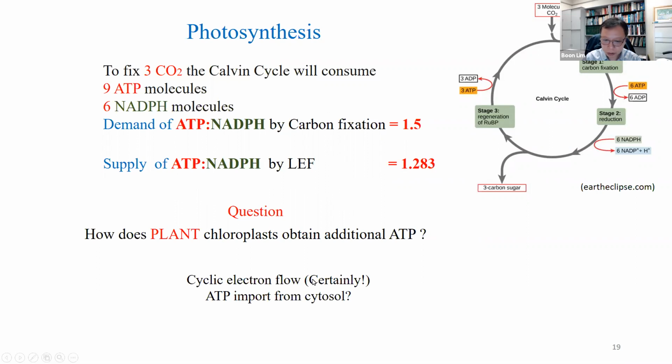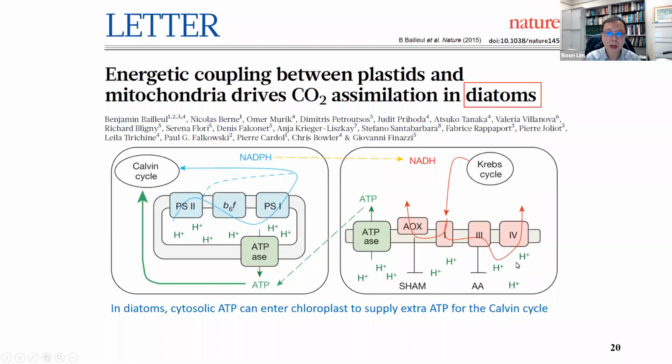Cyclic electron flow, certainly. But how about ATP input from the cytosol into the chloroplast? In 2015, an article published in Nature reported that there is energetic coupling between plastid and mitochondria in diatoms.